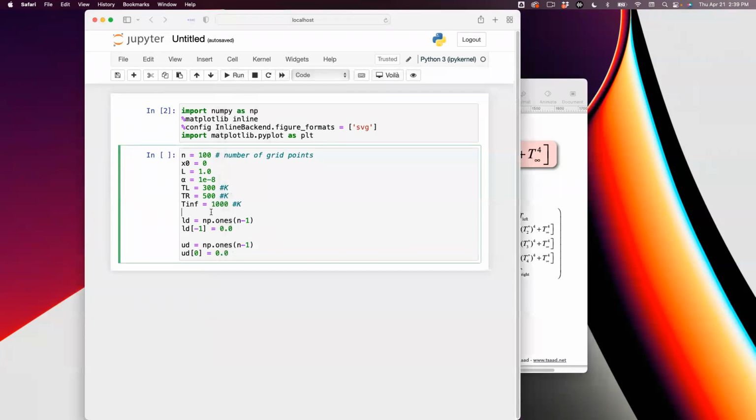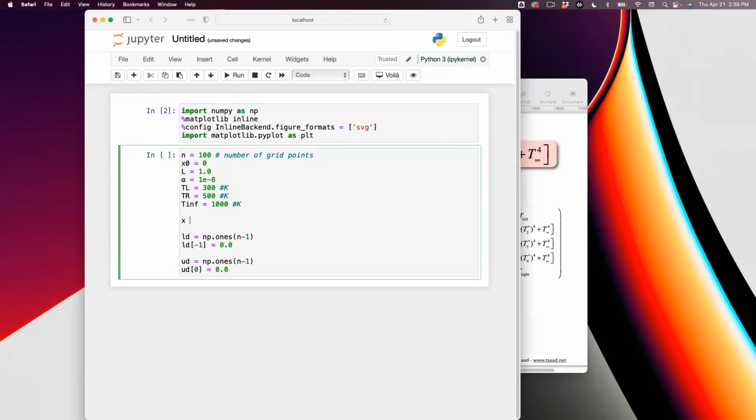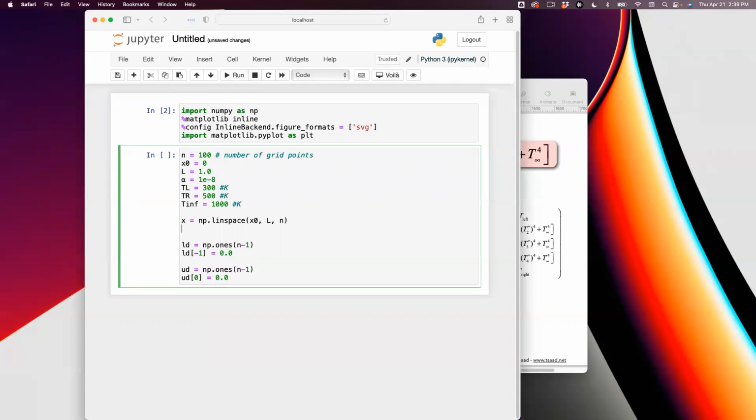So let's go ahead and do x equals np.linspace from x0 to L with endpoints, and we're going to do dx is x1 minus x0. Because dx is fixed, that gives us our delta x. So now we can build the main diagonal.